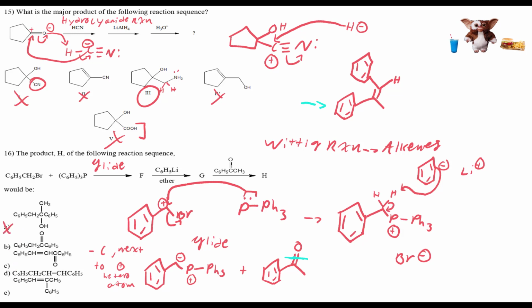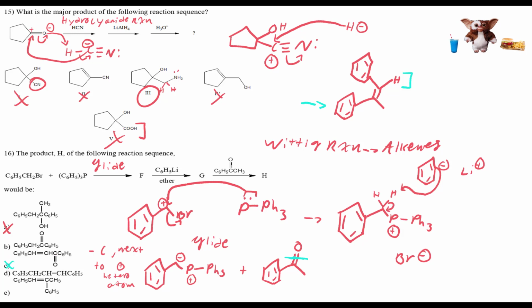So for B, we have a benzene ring attached to a carbon. Okay, that carbon has a hydrogen on it, right? That's good. Let's look at C. So C would be wrong because it has an oxygen on it.